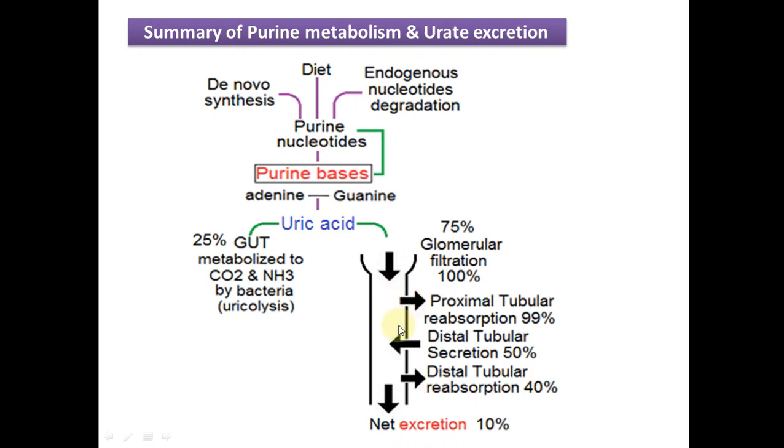Some uric acid is also secreted by the distal tubular epithelial cells, but most of it is reabsorbed by the same distal tubular epithelium, and only 10% of the uric acid is excreted in urine.